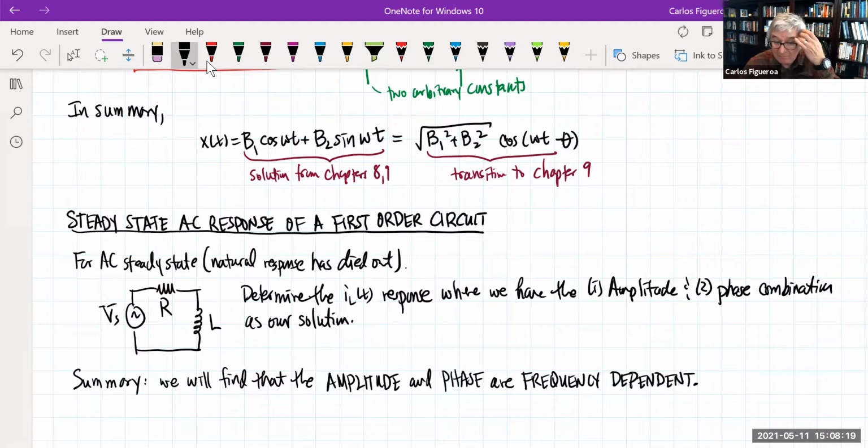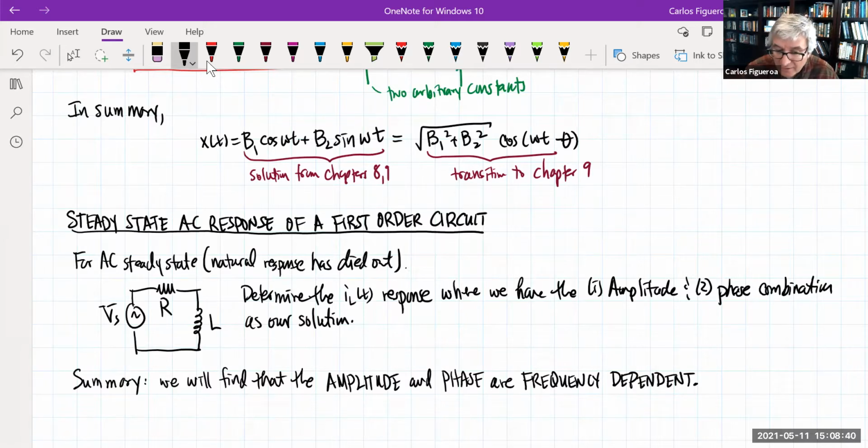That's a big deal. That is a radical difference from what you saw in chapters 7 and 8. Those amplitudes were constant. That is not true when you move towards a phasor technique.